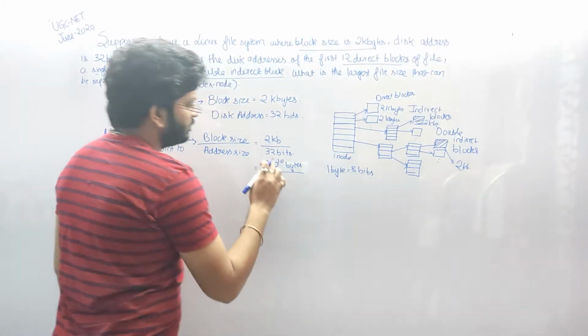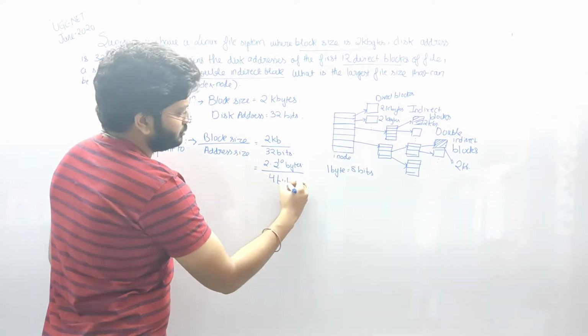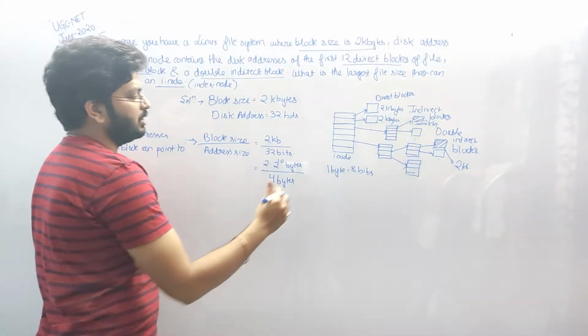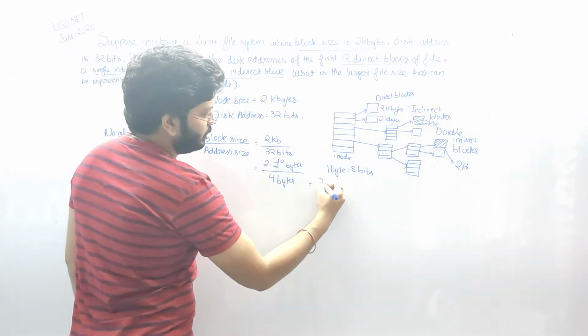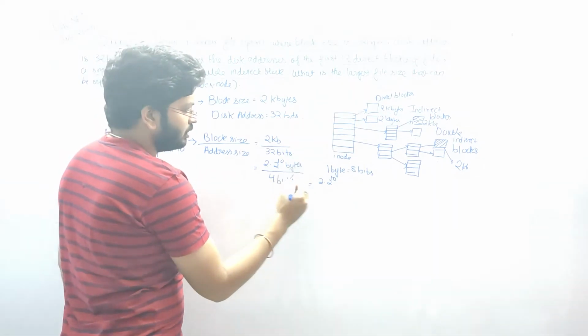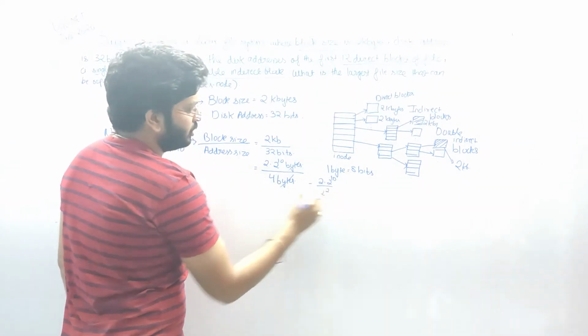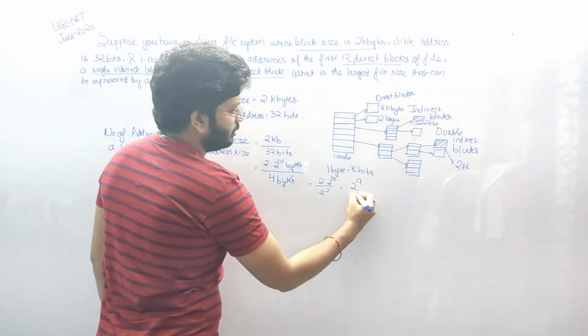So as per this 32 bits, it will be 4 bytes. Now if I am solving it, 4 is 2 power 2. So 2 into 2 power 10, the bytes will be cancelled out, and by solving it, I will be getting 2 power 9.